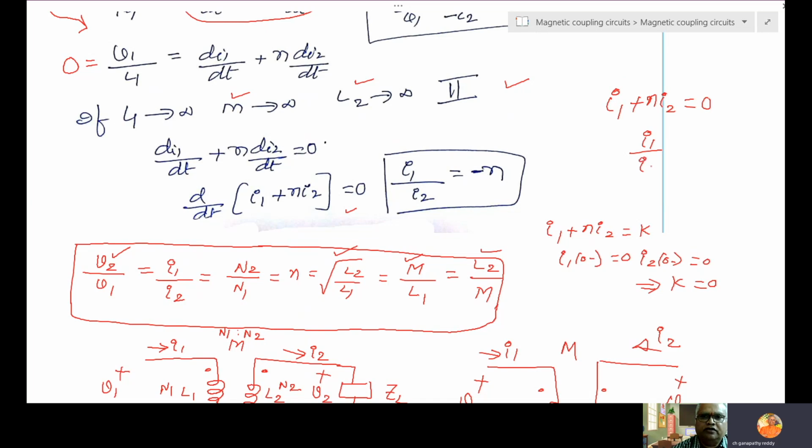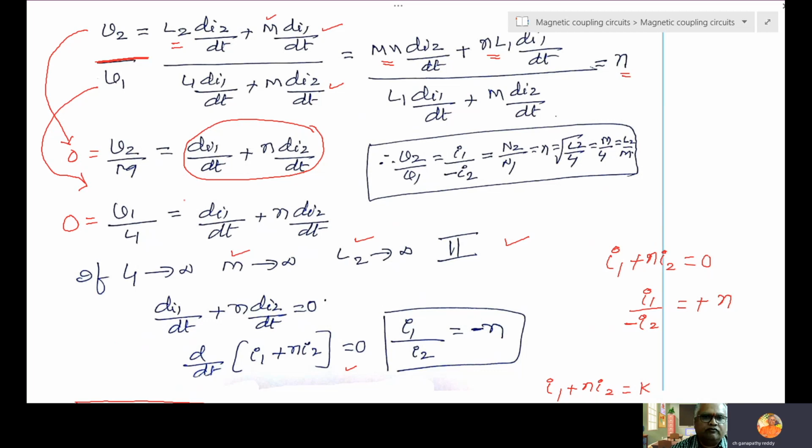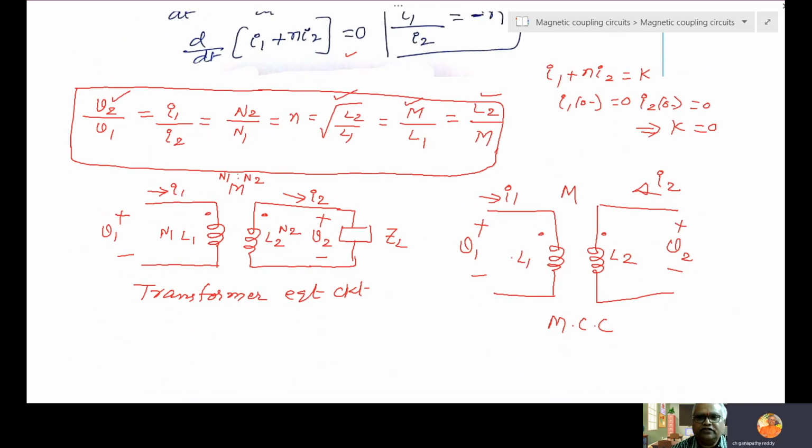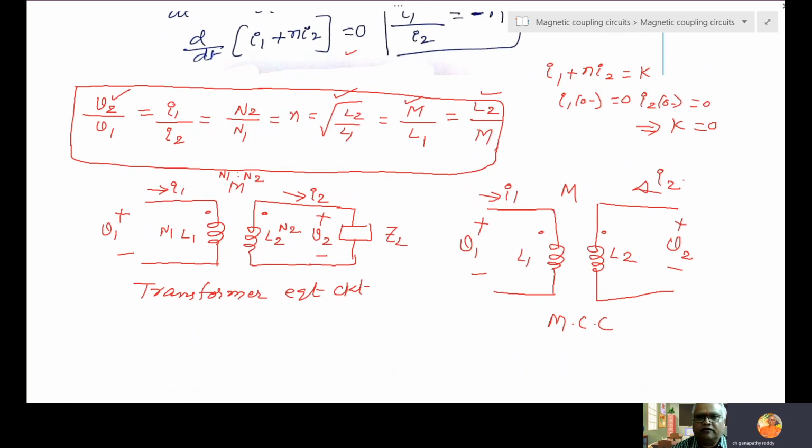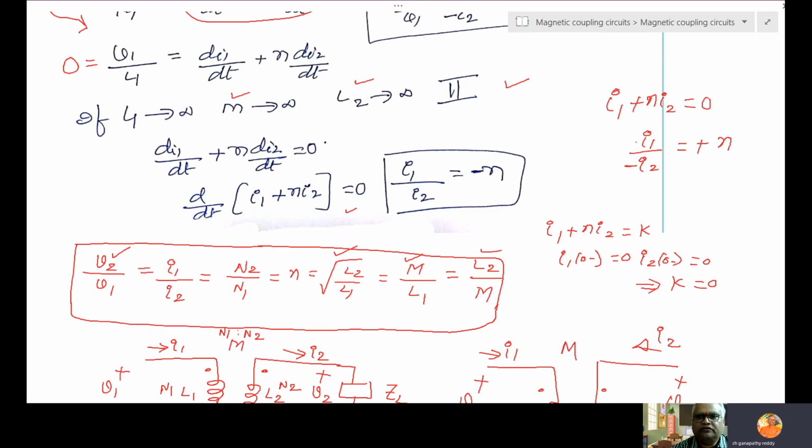I1 by I2 is equal to minus N, or if it is plus N, this is minus. You just see, we have taken these equations from the coupling. In coupling, I2 is entering at the dot, but what is that leaving from the dot? Minus I2.